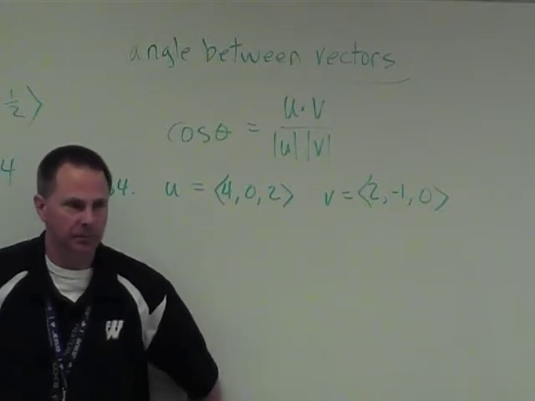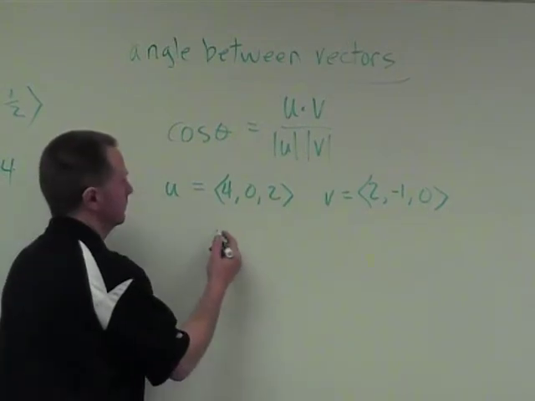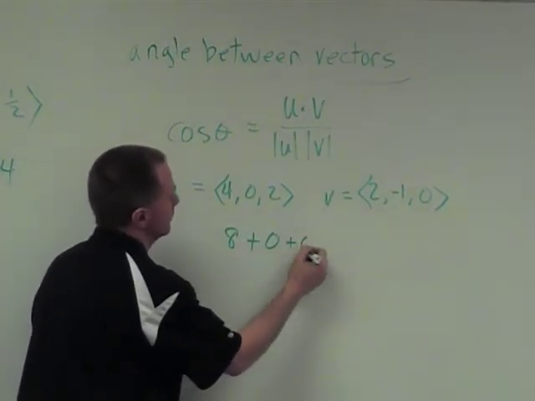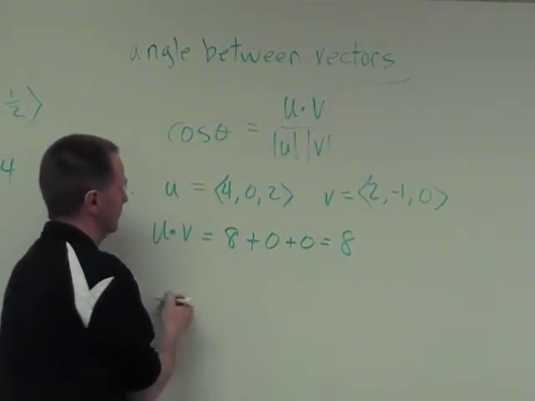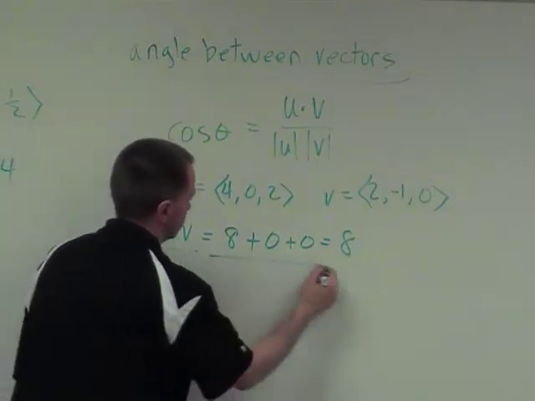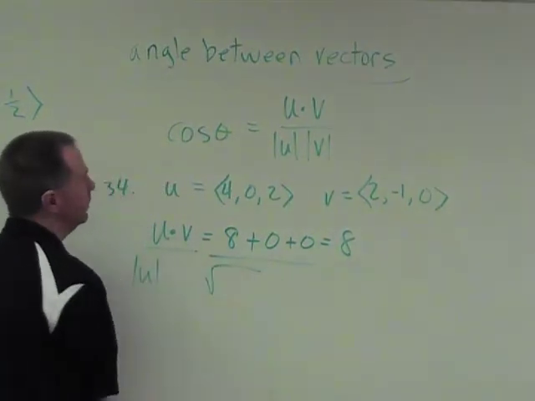What'd you get for the dot product? I did it wrong. I got... That's the dot product. Okay, the magnitude of u would be the square root.